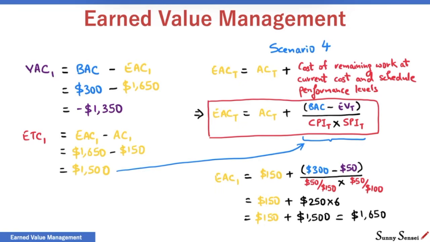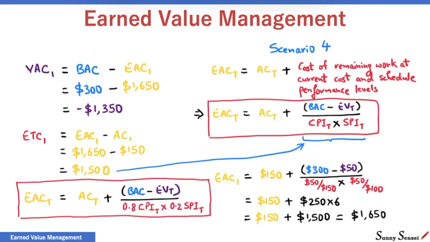Occasionally, weights are assigned to CPI and SPI in the formula for estimate at completion. For example, if CPI has a weight of 80% and SPI has a weight of 20%, estimate at completion is computed with those weights. Again, this is imprecise mathematical modeling, very rough. Use this with caution in the real world.